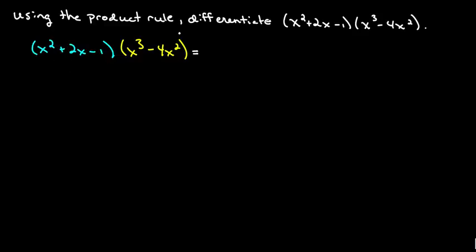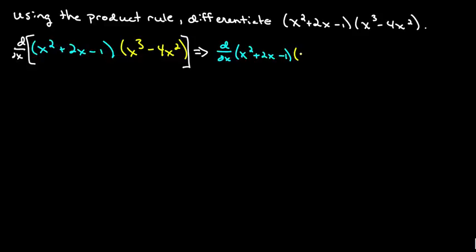If I want to take the derivative of this new thing, that would be the following. The derivative of the whole thing is going to be equal to the derivative of the first times the second function.